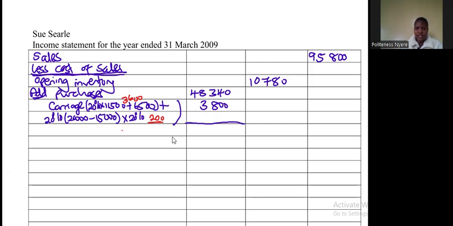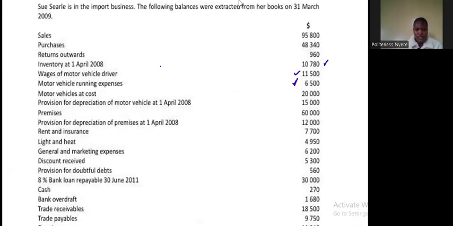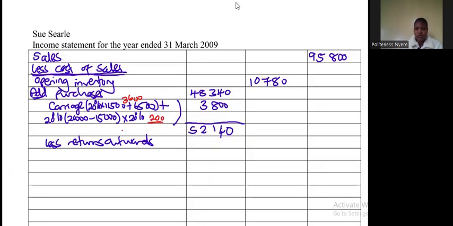So if we add these, we get 52,140. And then we say less returns outwards. Returns outwards are 960. So we say minus 960 so that we can get the amount that we're supposed to put there. If we subtract, we get a 0.